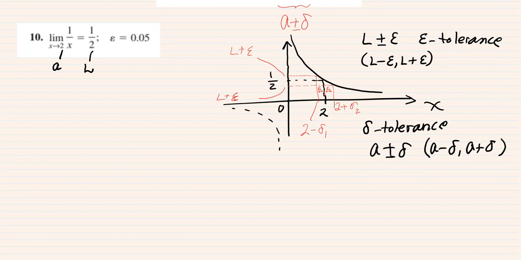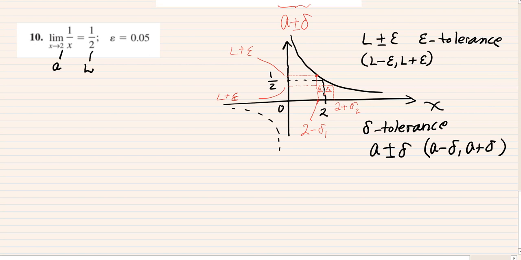Okay, now let's do this. In order to reach the lower limit, that's 2 minus delta 1, the value of the function at this point is 1/2 plus epsilon. So L plus epsilon, let me use black color here.